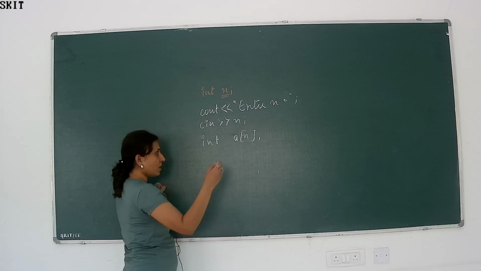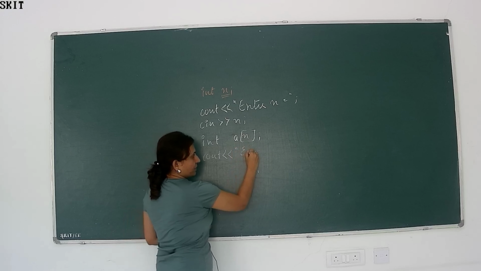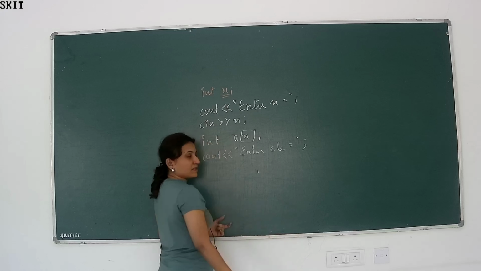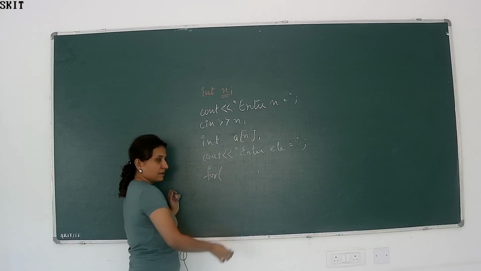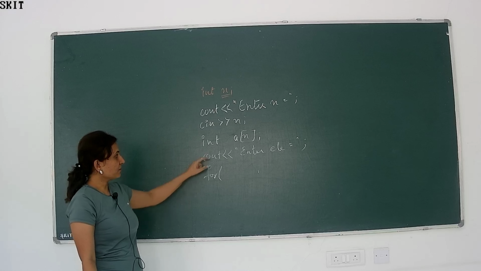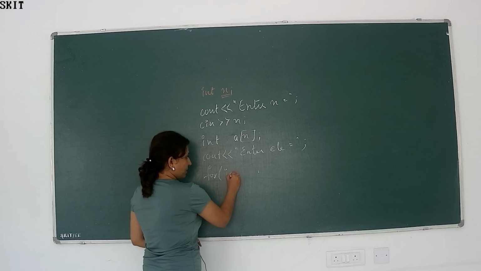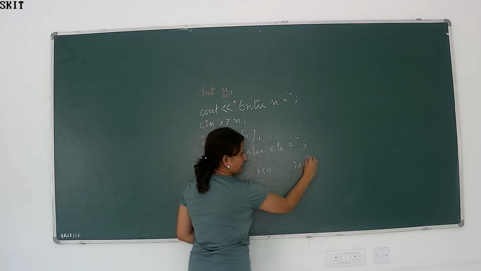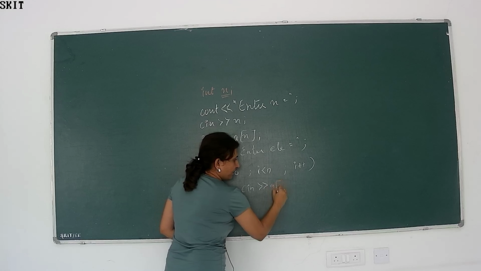Okay. How do I take it one by one from the user? I will ask the user to enter elements. Once I ask the user to enter the elements, I have to take a loop. In the loop, from i is equal to 0, because my index starts from 0, i less than n, i plus plus, cin a of i.